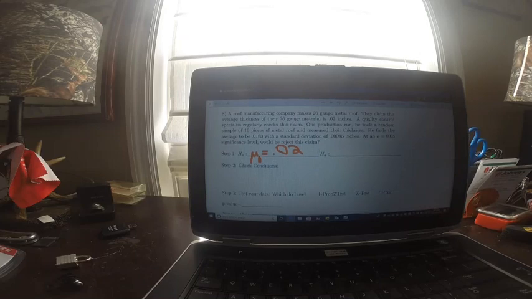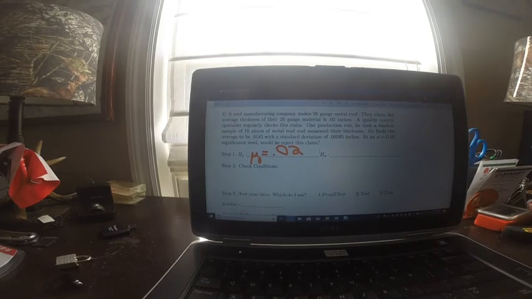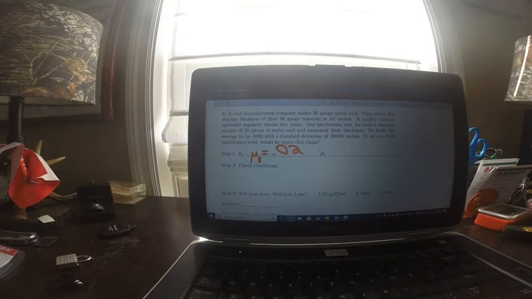Your alternative hypothesis, it doesn't once again say less than or greater than. He just has to check that it's close to this. So our alternative hypothesis is going to be mu is not equal to 0.02, because it doesn't specifically say greater than or less than.